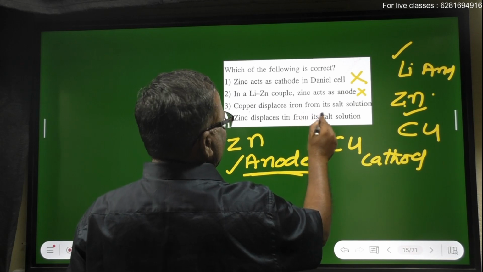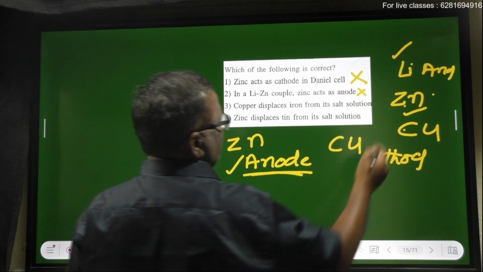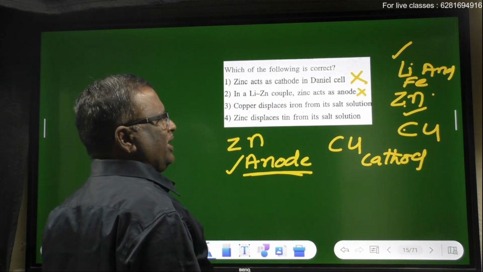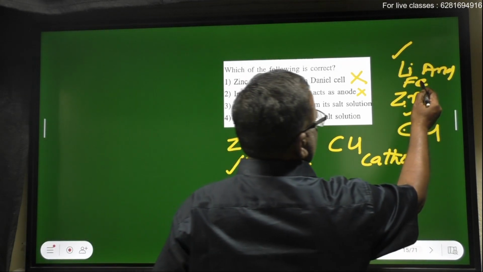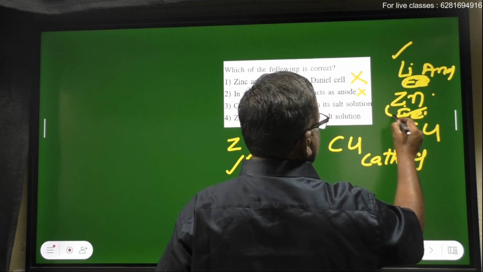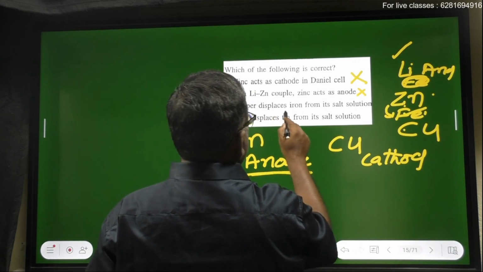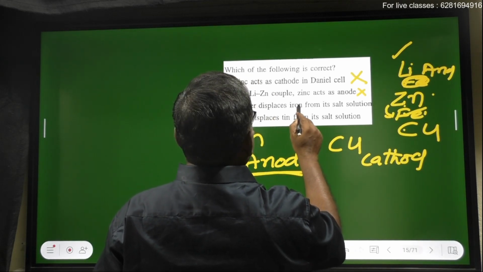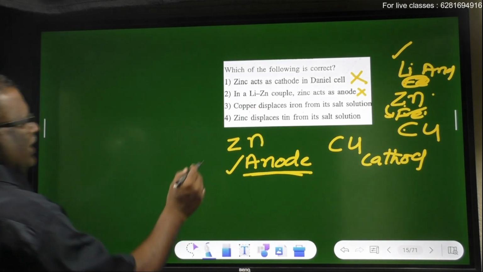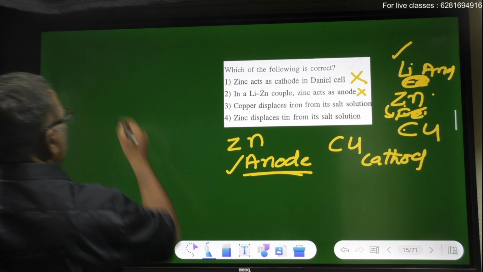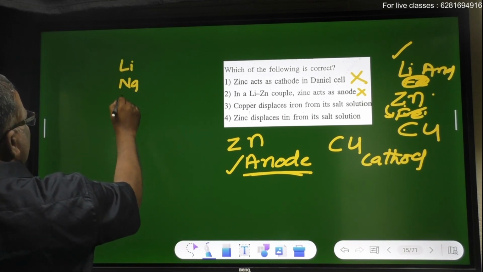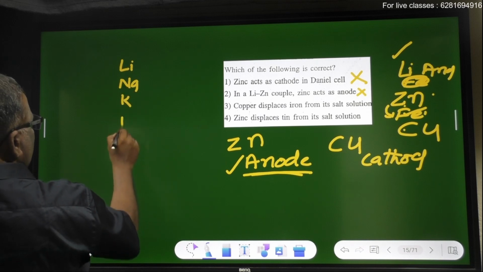Copper displaces iron from its salt. In the electrochemical series, lithium, sodium, potassium are all present at the top, then Fe.